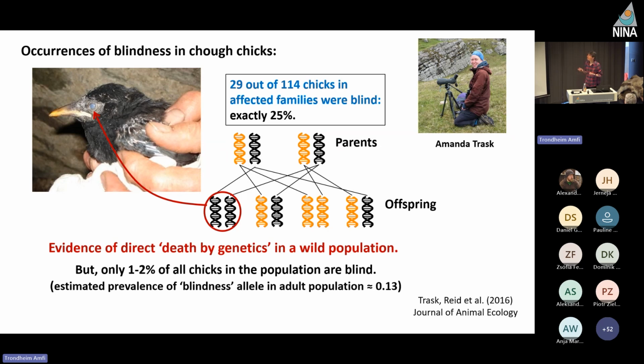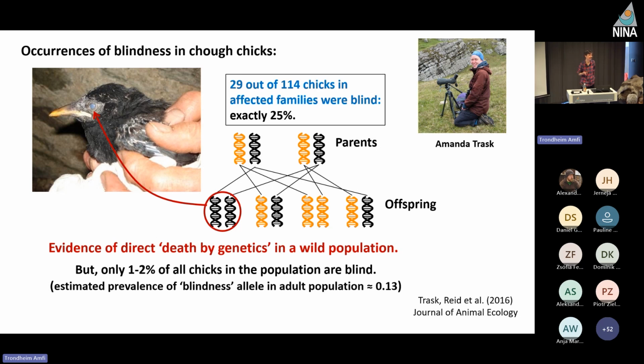So Amanda did have an extremely commendable go at trying to sequence the analogous genes, I can't remember what it's called, is it FOX2? Whatever. She tried to clone the gene in the choughs that was analogous to the gene that's causal in humans, but we didn't find any SNPs aligned with the phenotype. It was like a needle in a haystack. We had very limited genomic resources, so it's something that someone could have a go at again.